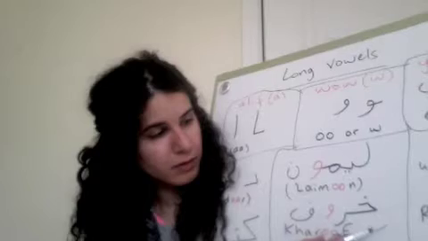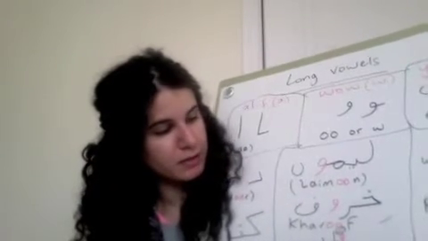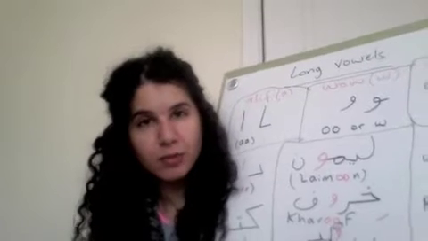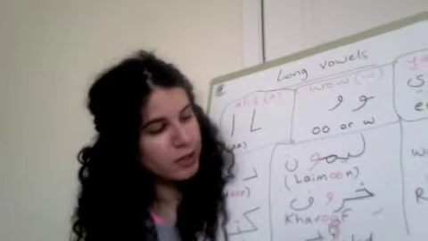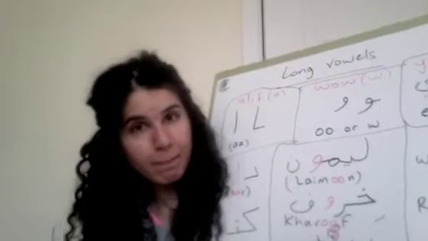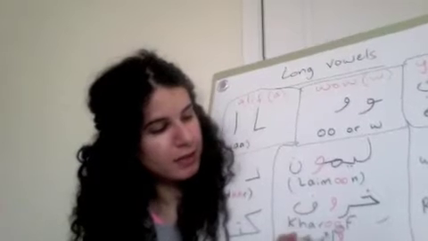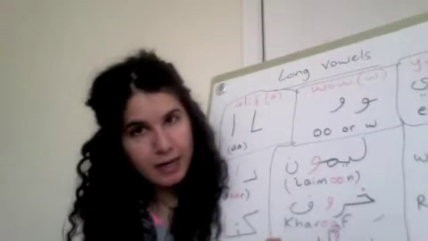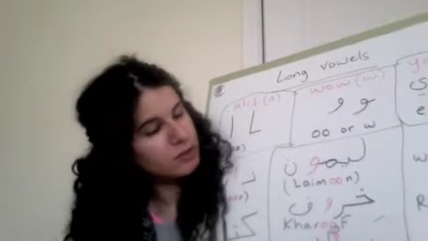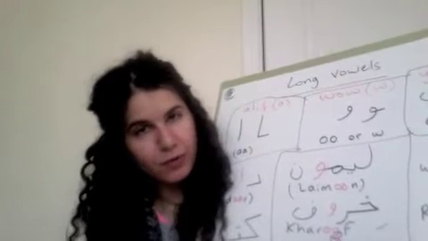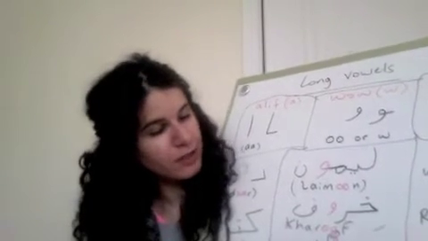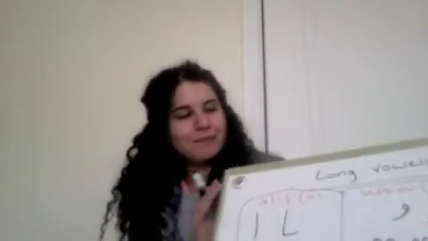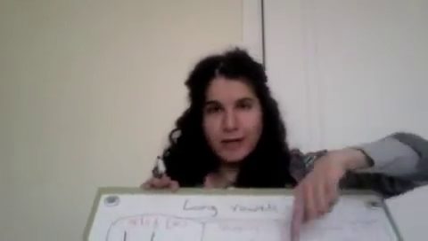So that short A vowel tells us that this waw is used as a W sound here, not as an oo sound. So when you read this word, it's going to sound like this: walad. The second letter is an L, lam, and this is dal, the D. So walad means boy or child. Good?